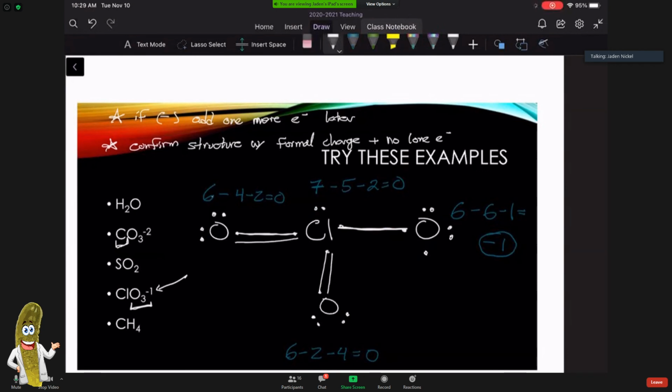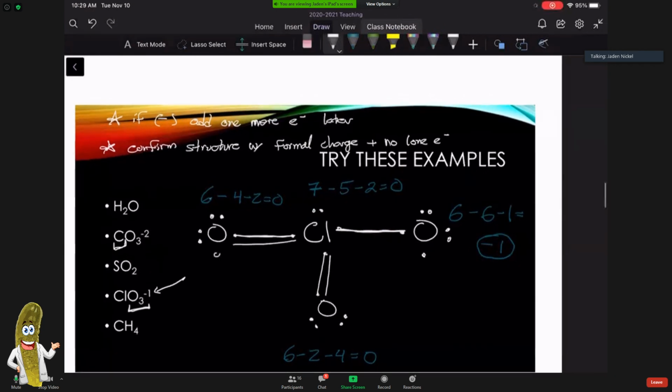It doesn't make any sense to add the electron here because then it just creates another singular or lone electron. That's useless to me. It also doesn't make sense for me to add it here. I could make a double bond here, like this, by connecting with this electron. But what that does is it messes with the formal charges.